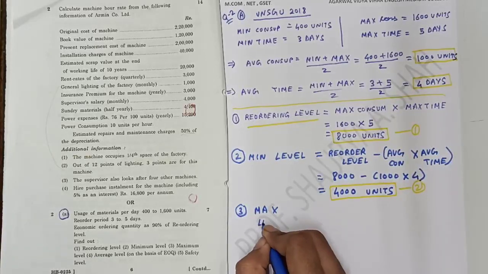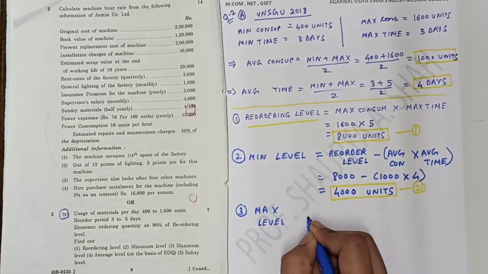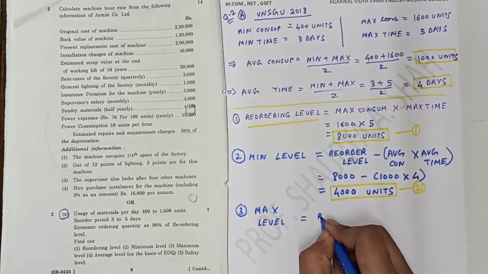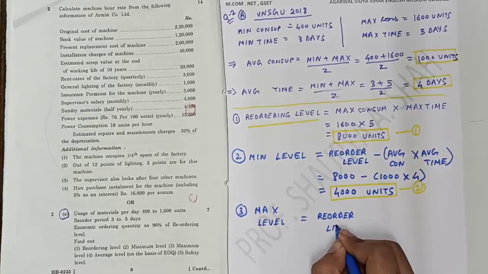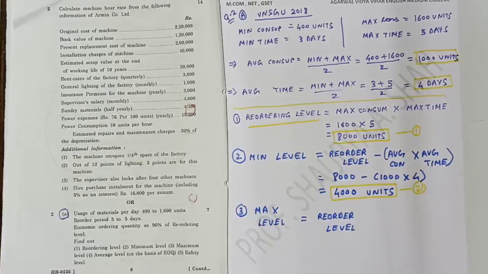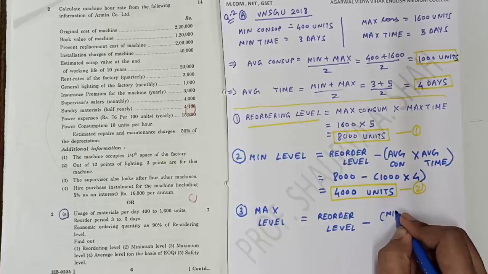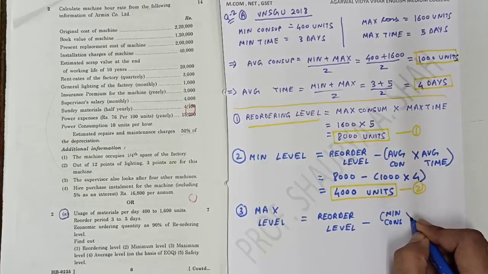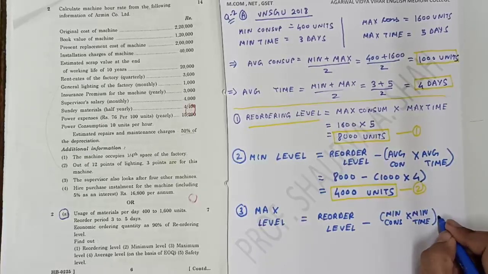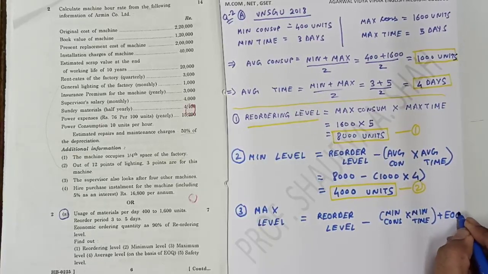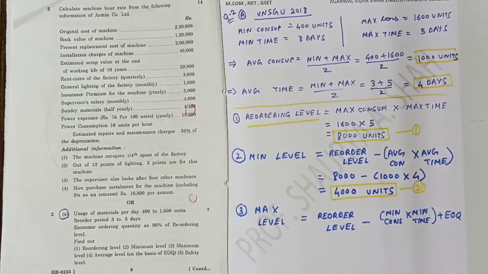So write down maximum level is equals to reordering level minus minimum consumption into minimum time plus EOQ, that is economic ordering quantity. Now we have found out everything, students. Every particular is there with us, but EOQ we are not having, right? So we can find out EOQ.